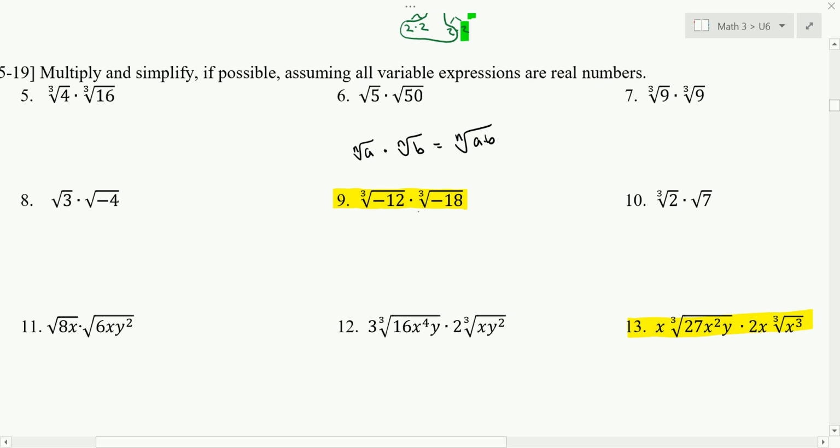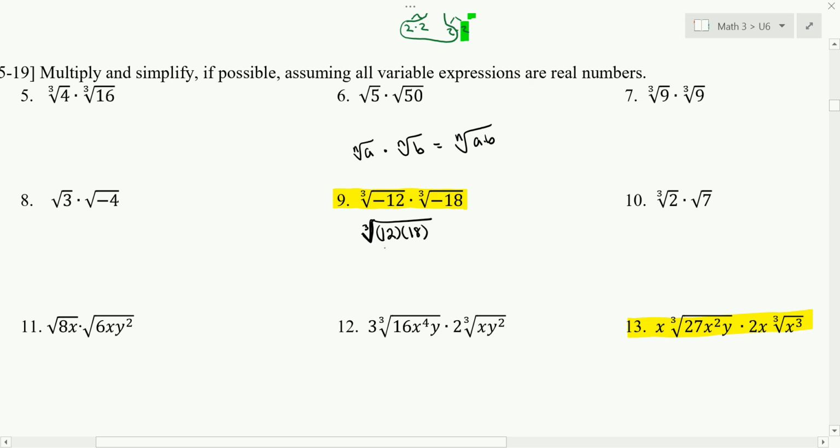Here we have real numbers, and so this is equivalent to the cube root of, well, negative times negative is positive, so 12 times 18. And there's no reason to multiply them together because we're going to end up breaking them up anyways.